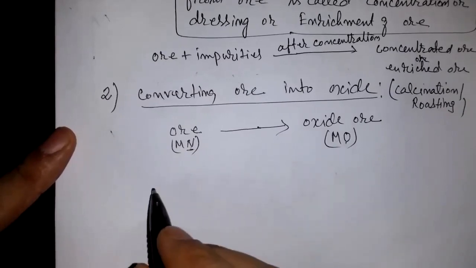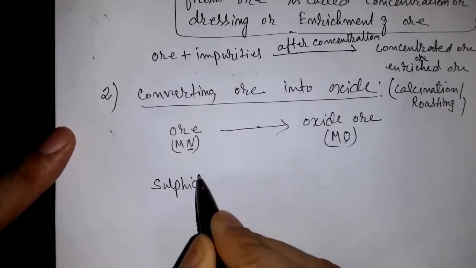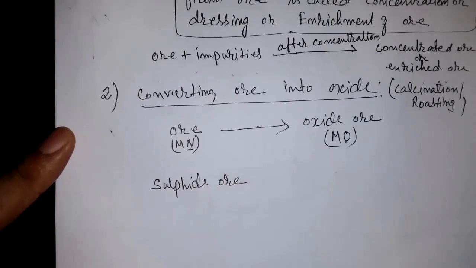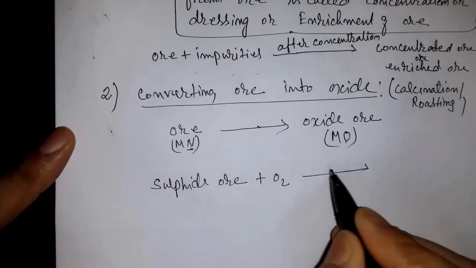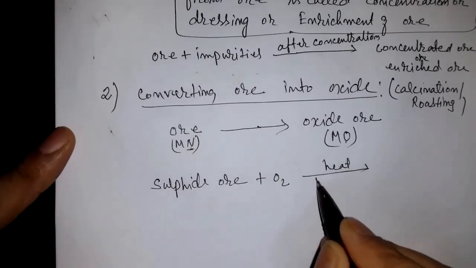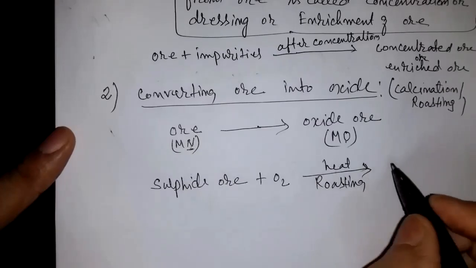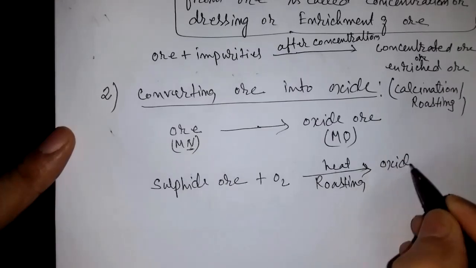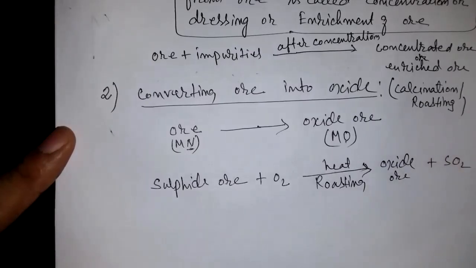If your ore is a sulphide ore, then you have to heat the ore in the presence of oxygen, which is called roasting, so that your ore turns into oxide ore, and some sulphur dioxide gas goes away.